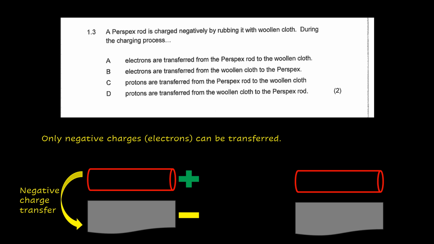If, however, electrons are transferred from the woolen cloth, the negative charge is transferred from the woolen cloth, and those are electrons, the woolen cloth will now have a shortage or a deficiency of electrons, so it will become positively charged, and the perspex rod will have an excess. It will have extra electrons and hence become negatively charged.